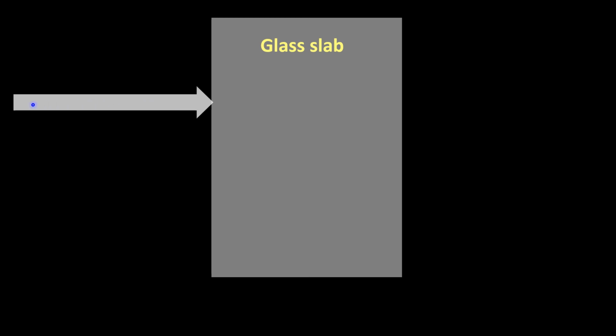And whenever this white light is incident on the surface of the glass slab here, what will happen? This glass slab will separate all the colors. Why? Because the refractive indices of all the colors inside this ray of white light are different, isn't it?